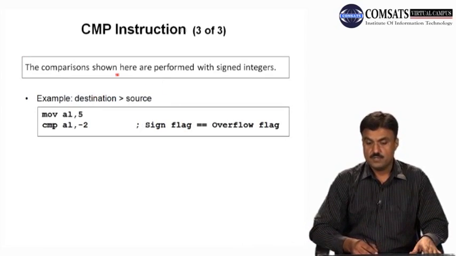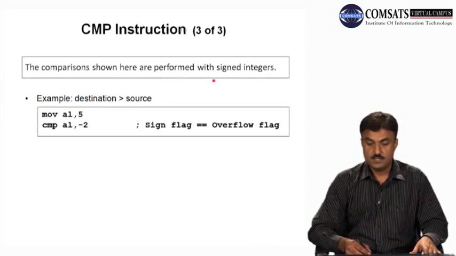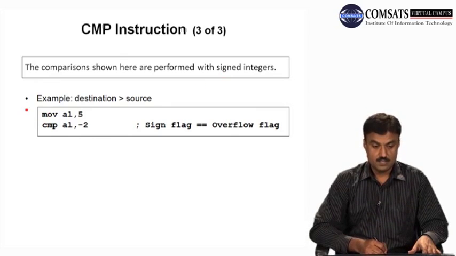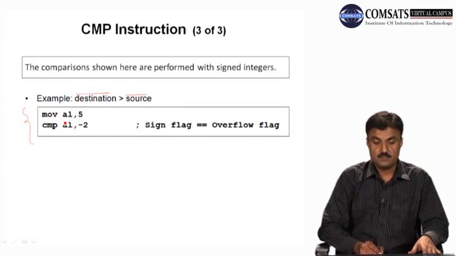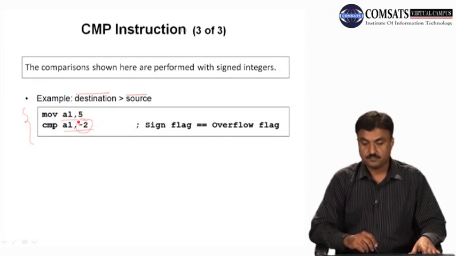Then the comparison shown here is with signed integers. Previously we were using unsigned integers. In case we use signed integers, for example, if the destination is greater than the source, for example here AL is assigned 5, and we are comparing with -2.